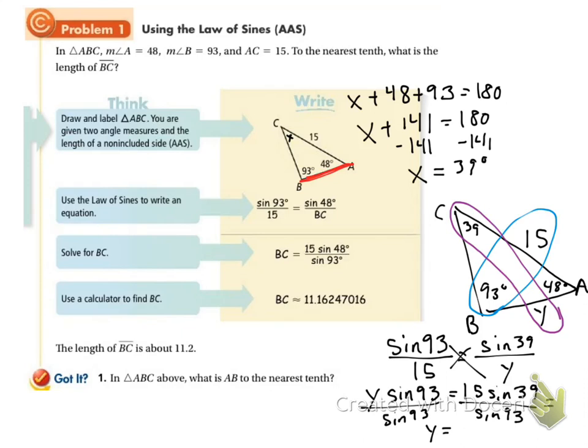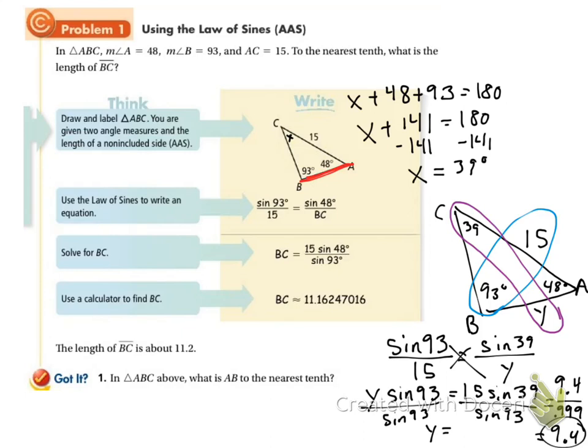On the top, I get 9.4, and on the bottom, let's do a couple decimals, 0.999. Then I'll divide those, 9.4 divided by 0.999, and that gives me about 9.4. So that other side is 9.4.